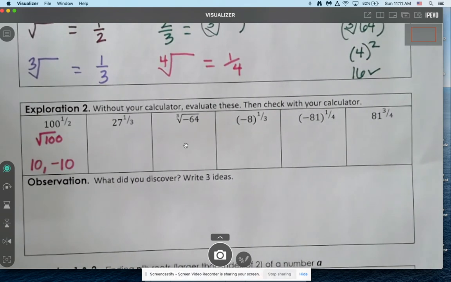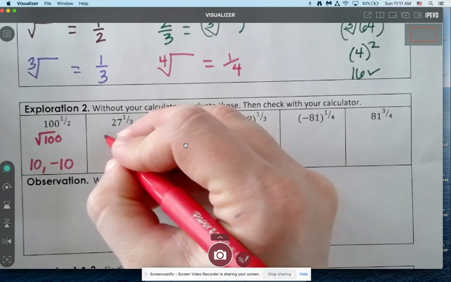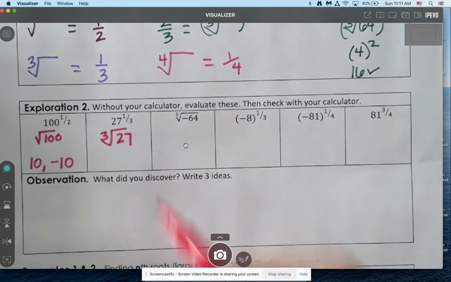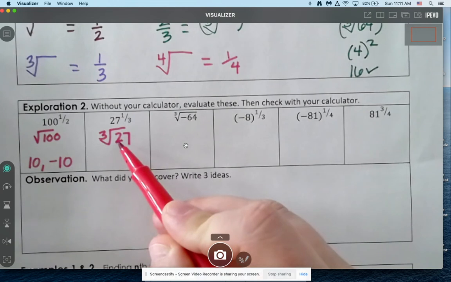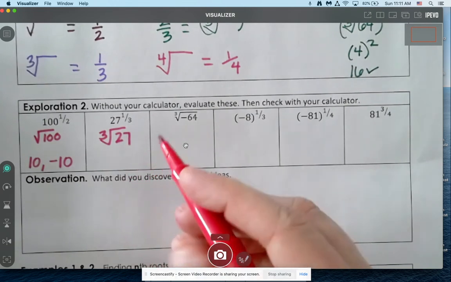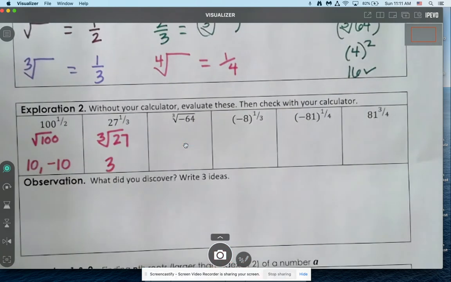Okay, 27 to the 1/3 power. So this is what it really looks like if you wrote it with a radical. So in our brain, we're thinking what number times itself 3 times gives us 27? 3? Yep, it is 3. Again, check yourself by typing it in the calculator.